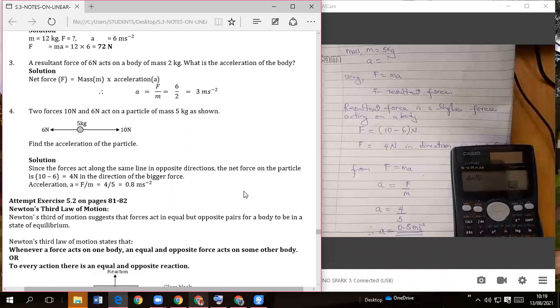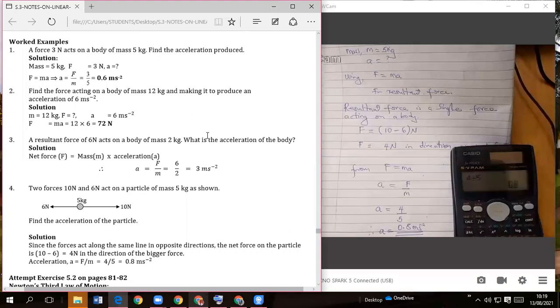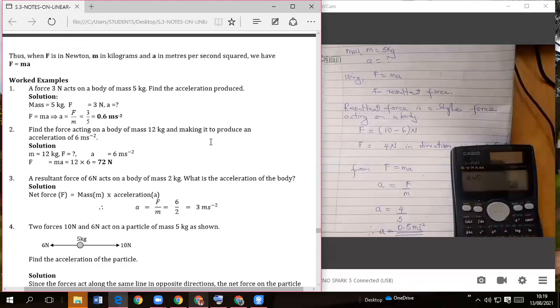Good. So I think that's where we are going to stop for today. Next time when we meet, we are going to look at Newton's third law of motion, okay? A quick reminder, members, is there any question so far?